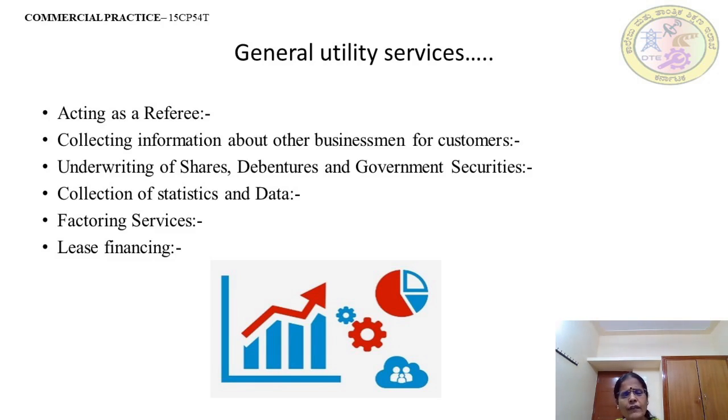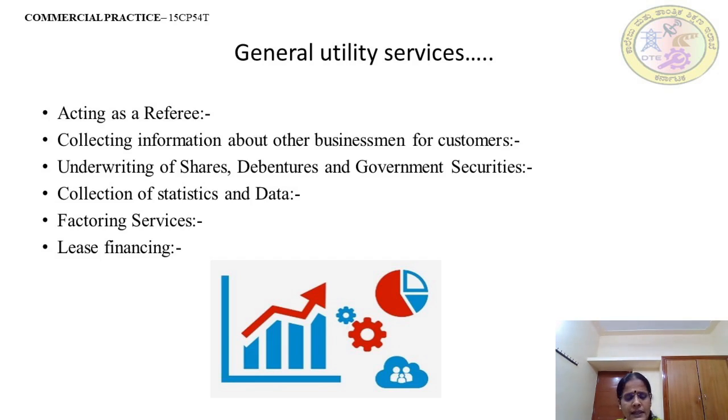A very important service given by the bank to a customer is called factoring service. What do you mean by a factoring service? A factoring service can be understood as a continuous arrangement between a financial institution, please get this into your mind, you are making a continuous arrangement with a financial institution.